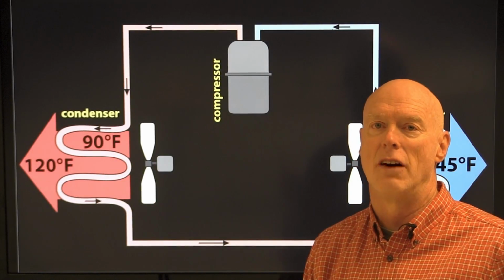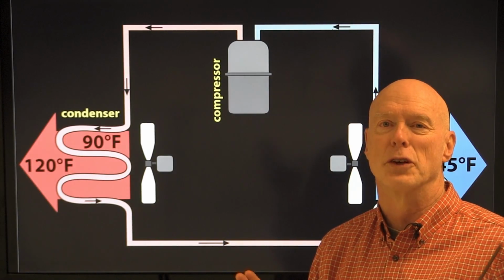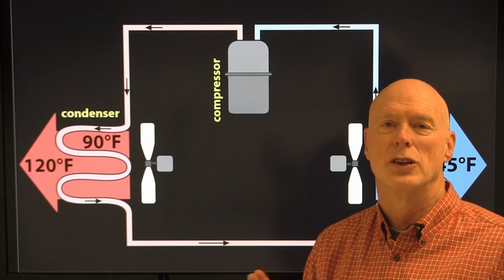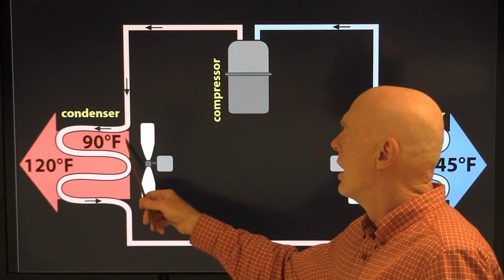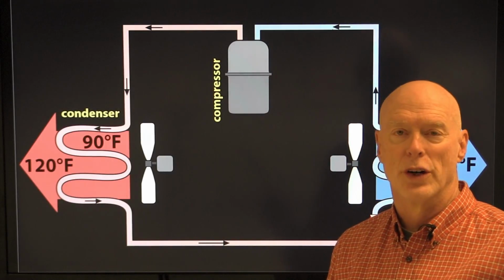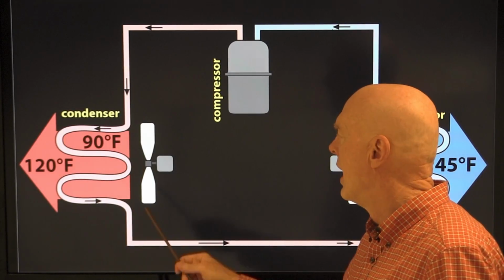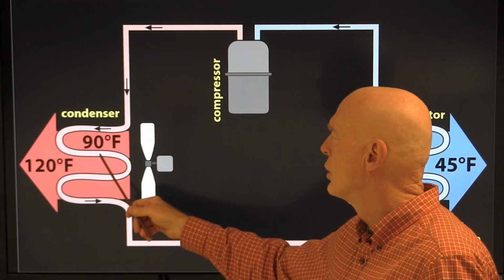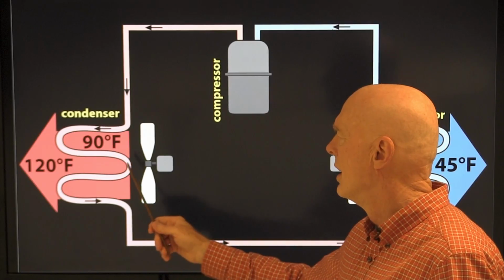So the second law of thermodynamics says that heat moves from a higher temperature to a lower temperature. Okay? So the outdoor air is at a lower temperature. It's at 90 degrees. And the refrigerant inside the tubing is at 120 degrees or 100.